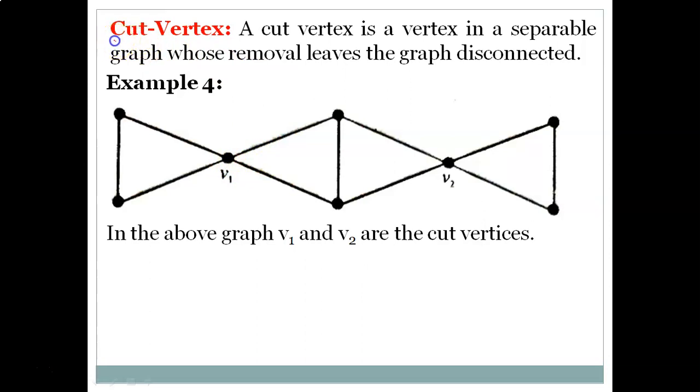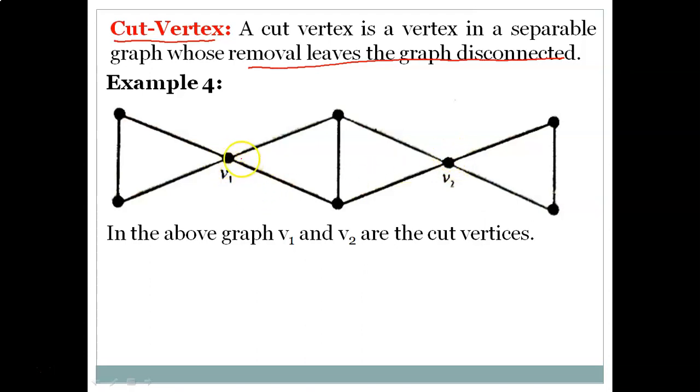Now, what is the meaning of a cut vertex? A cut vertex is a vertex in a separable graph whose removal leaves the graph disconnected. For example, in this graph, V1 is a cut vertex as well as V2 is a cut vertex.